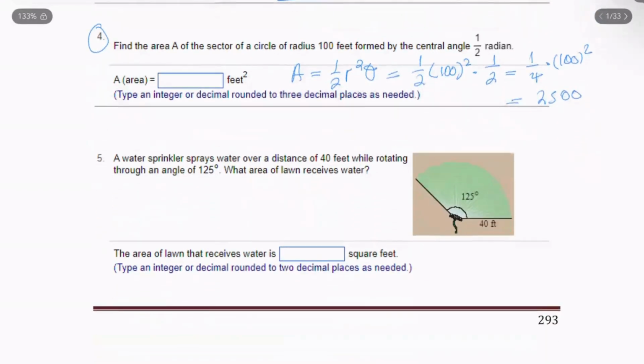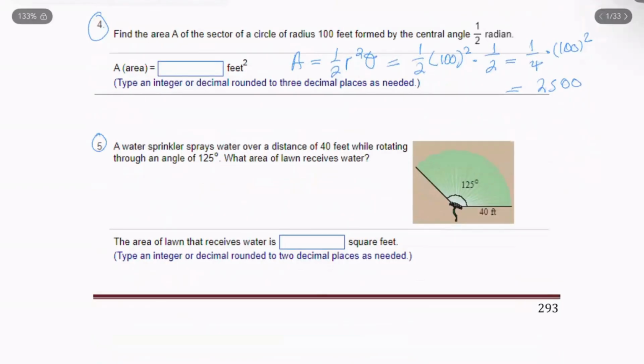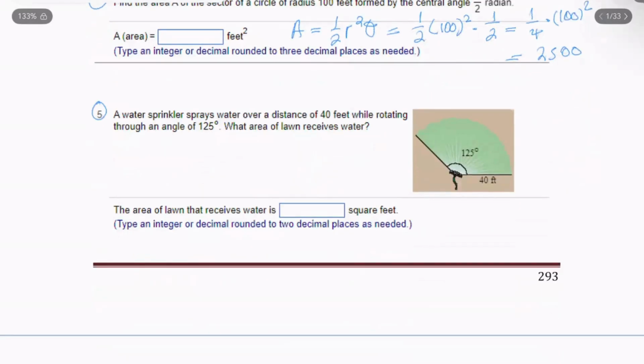I will do question 5. In question 5, we are looking for the area of the lawn that receives the water, where the radius is 40 and the angle is 125. So 125 is in degrees. It has to be converted to radians. In our formula, area is equal to 1 over 2 r squared theta.